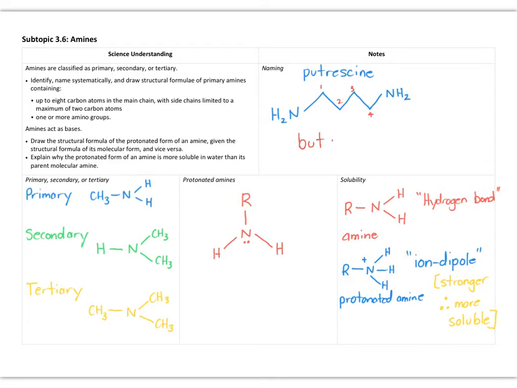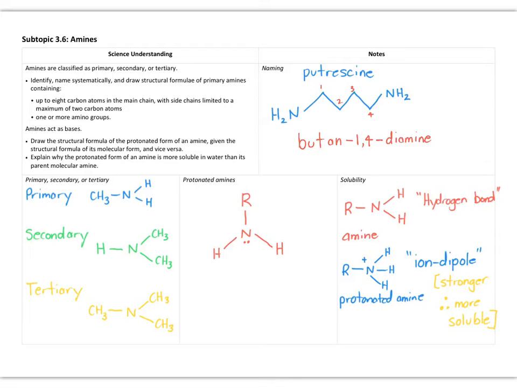But in this case here we have 2 amine groups. So we would say it is a diamine, and they are on the 1st carbon and the 4th carbon. So that would be butane 1,4-diamine.